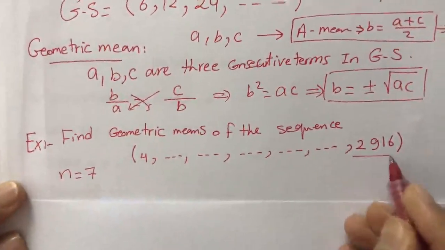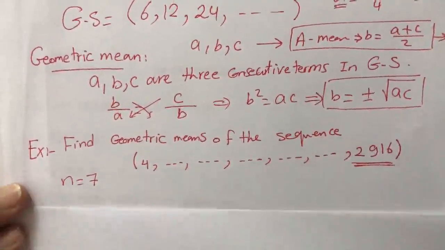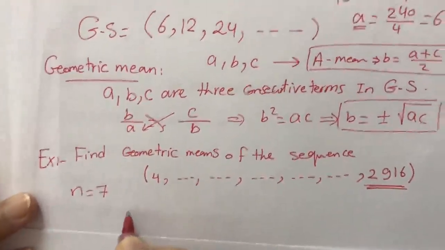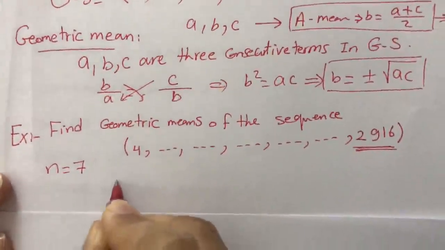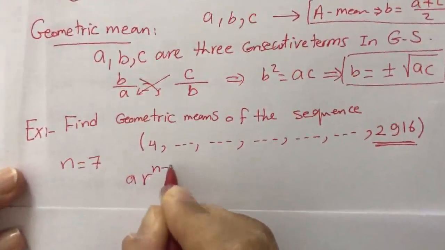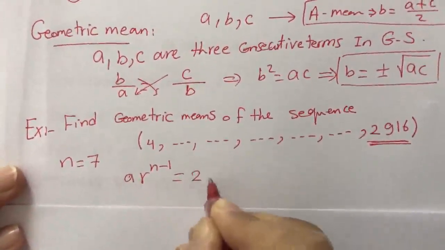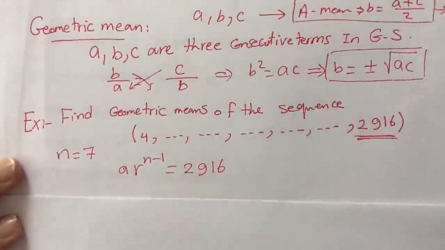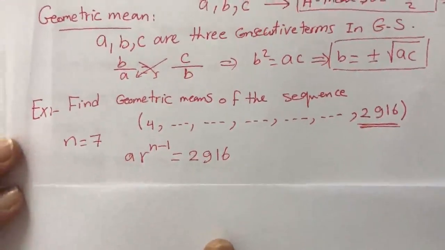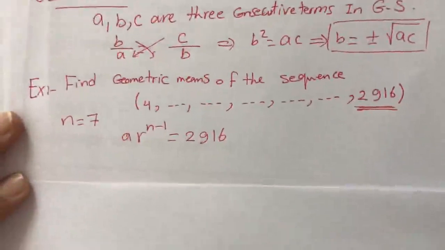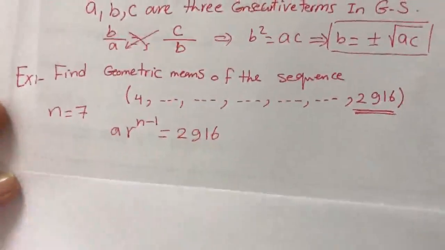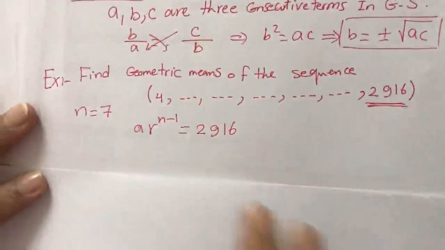In this case, I must write the rule of the last term. The last term equals A R power n minus 1, equal to 2916. Here I want to find R. If I find R, I can complete the sequence and find my means.